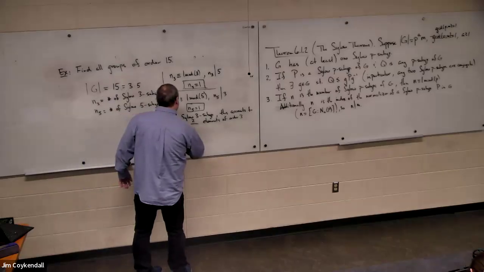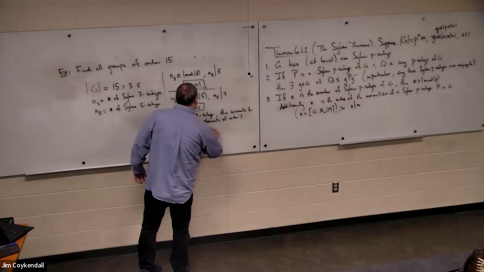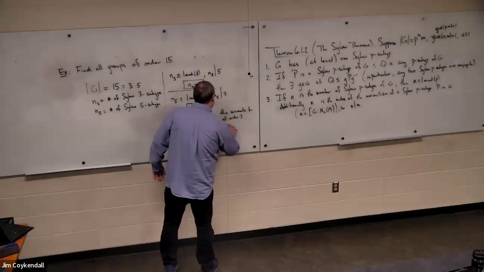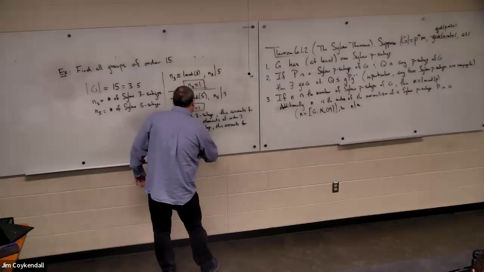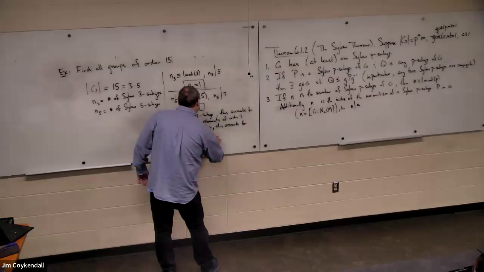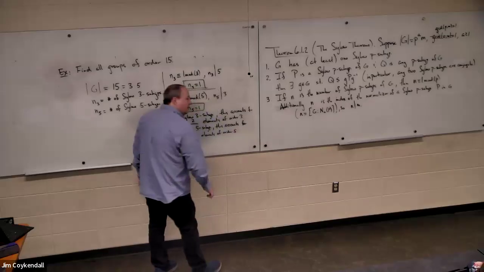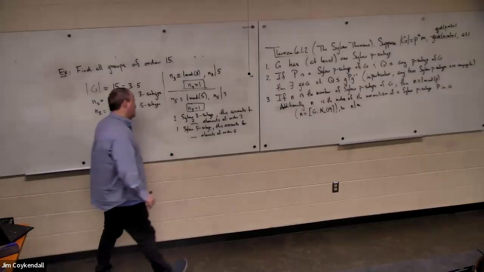One Sylow 5 subgroup. This accounts for blank elements of order 5. What do you think? That makes sense.